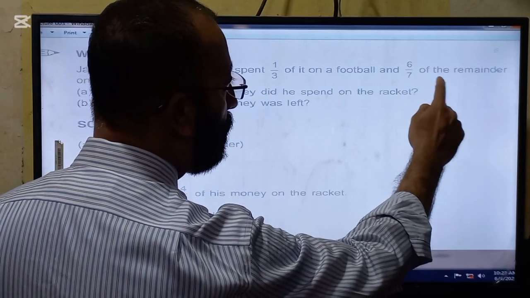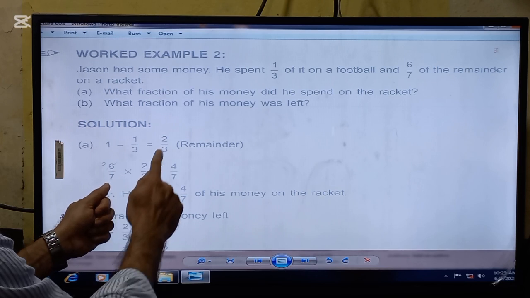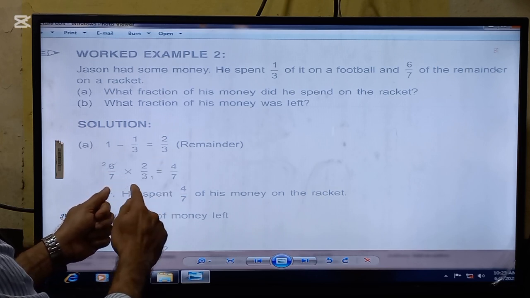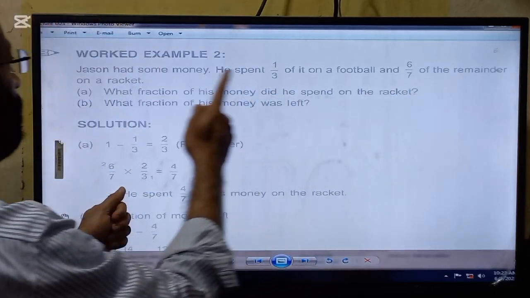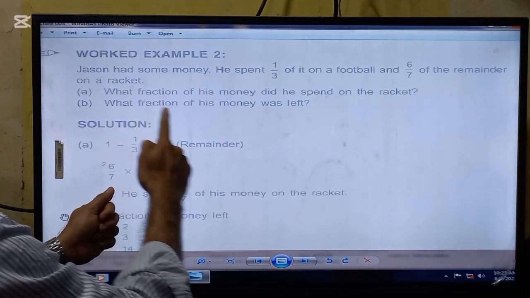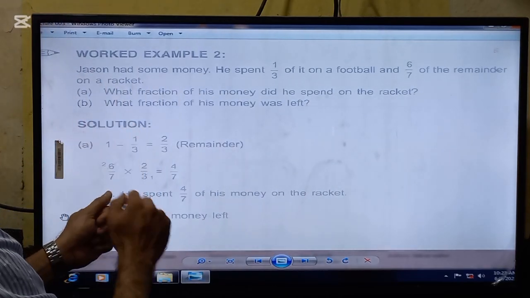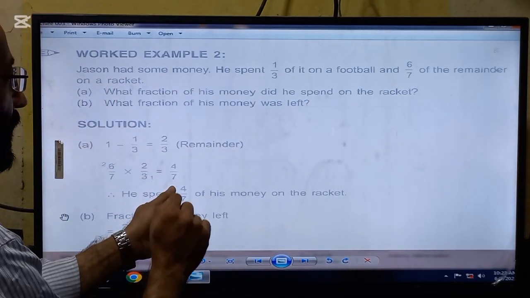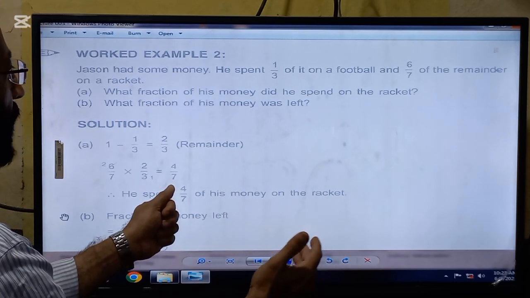So 6 by 7 multiplied by the remainder, that is 6 by 7 multiplied by 2 by 3. So cancel it now. That is the answer that is actually spent on purchasing a racket, because 6 by 7 of the remainder was spent on the racket. So this is the portion that is spent on the racket.